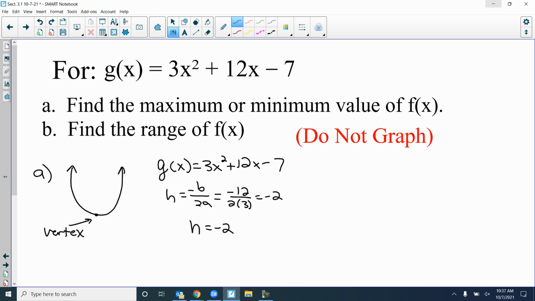That is the x coordinate of the vertex. How do I find the y coordinate of the vertex? Plug negative 2 in for x. So find g of negative 2. Go ahead and do that.